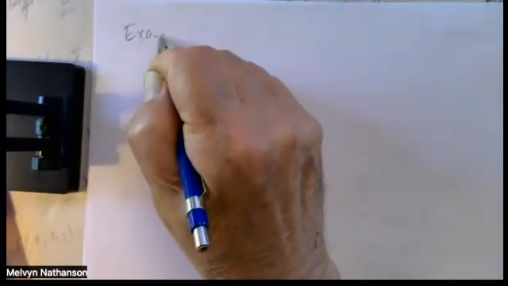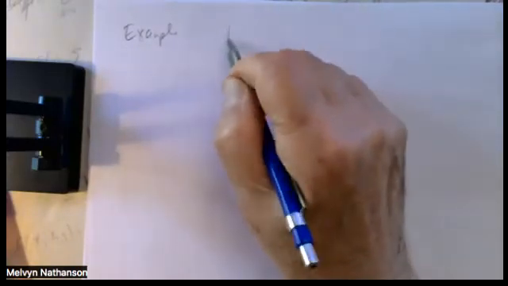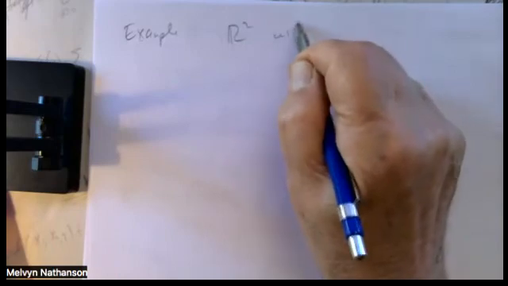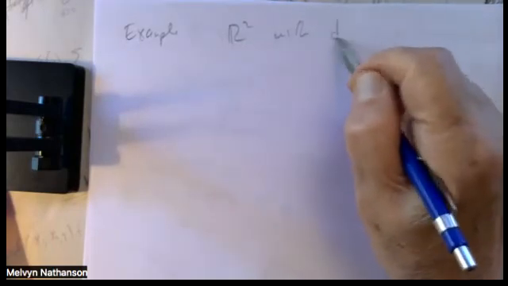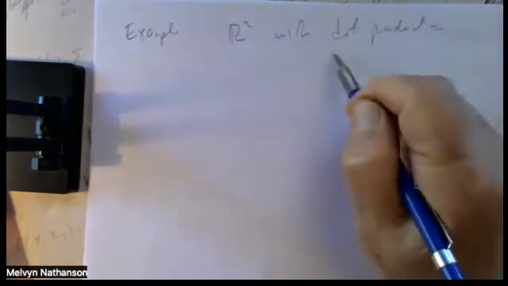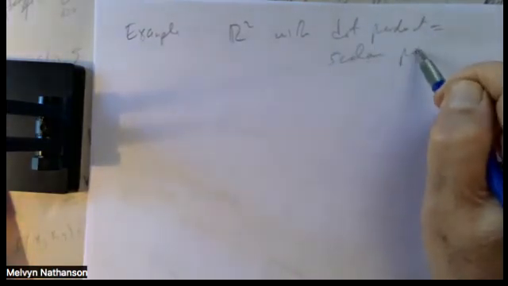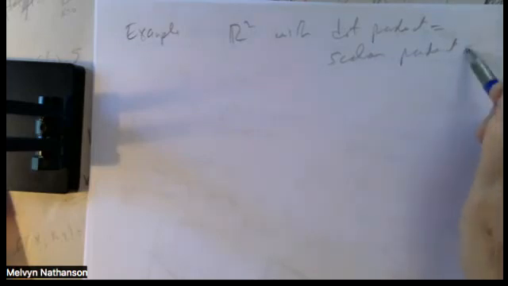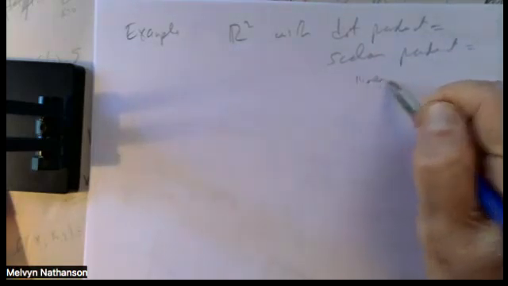And the one that you know from calculus is R2 with the dot product, which is also called the scalar product, which is the inner product. And it's defined as follows.